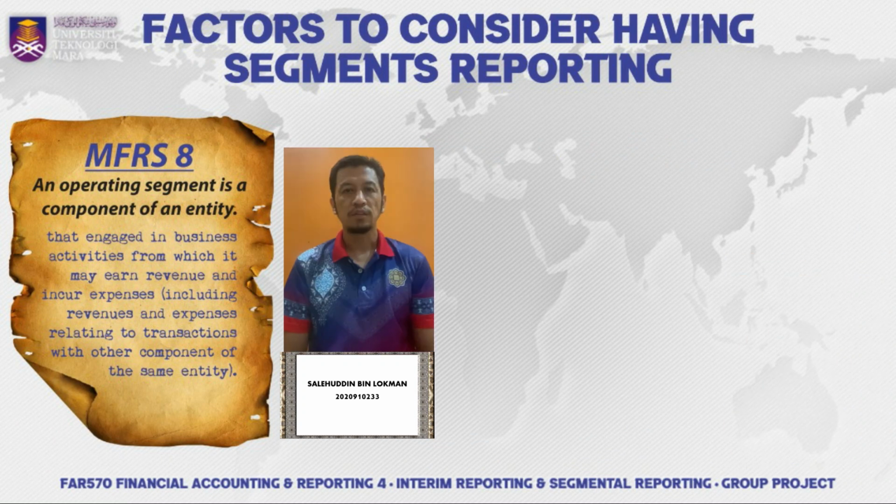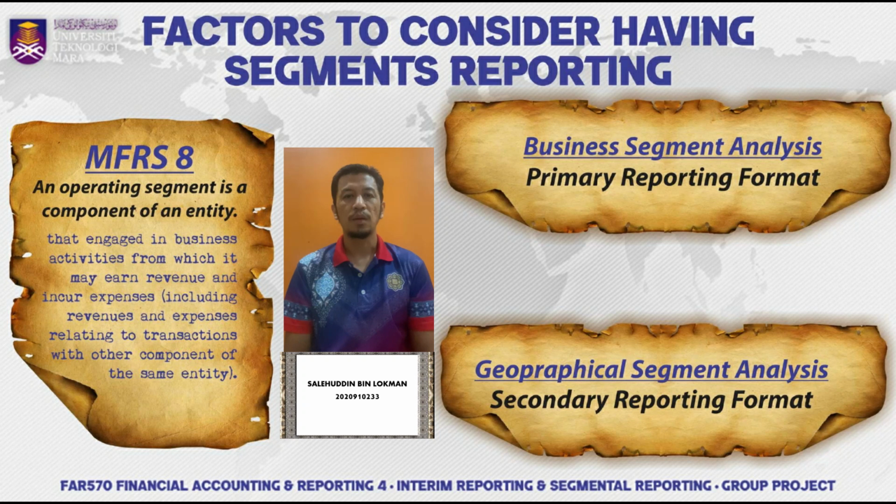Factors to consider in having segments under MFRS 8: an operating segment is a component of an entity that engages in business activities from which it may earn revenue and incur expenses, including revenues and expenses relating to transactions with other components of the same entity. There are two types. First is business segment analysis, which is the primary reporting format, and second is geographical segment analysis, which is the secondary reporting format.